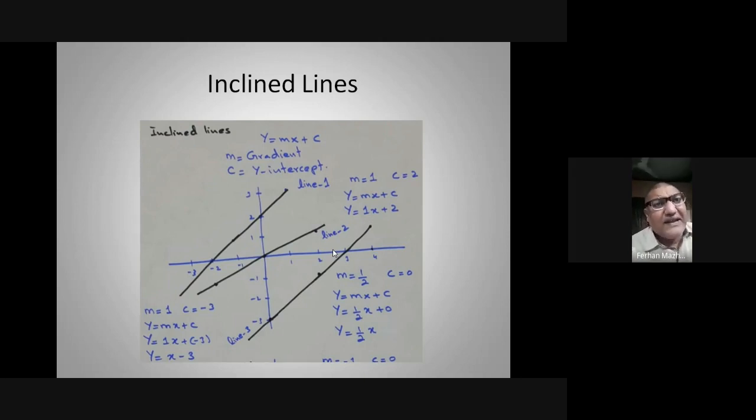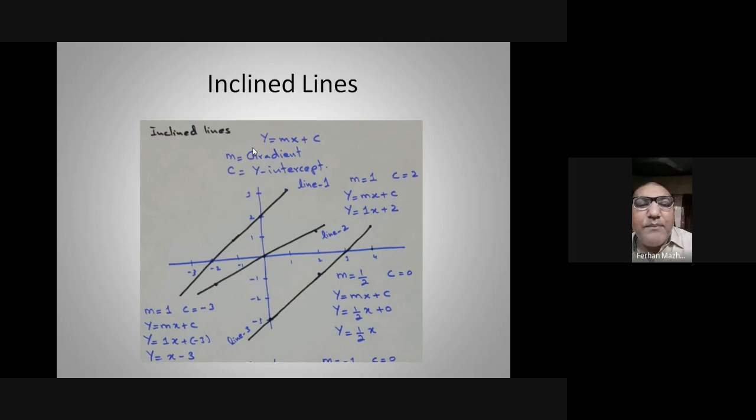For example, if you look at line number 1, I have already given the information that its gradient is 1 and its y-intercept is 2. If you know the gradient and the y-intercept, then the equation of the line can be found by this formula on your screen: y equals mx plus c.